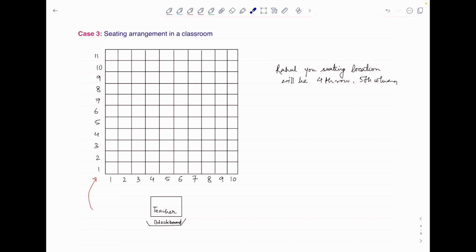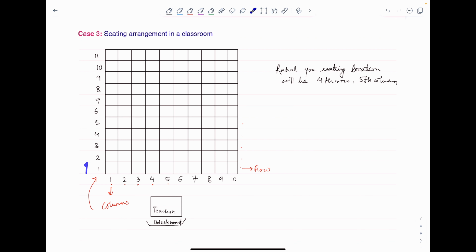So what did you do? We know you are very intelligent. You know that these horizontal lines are called rows. These vertical lines are called columns. So you started from this side, from here you got the entry.